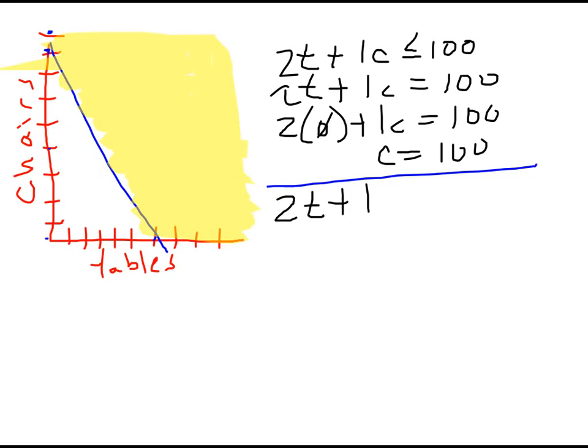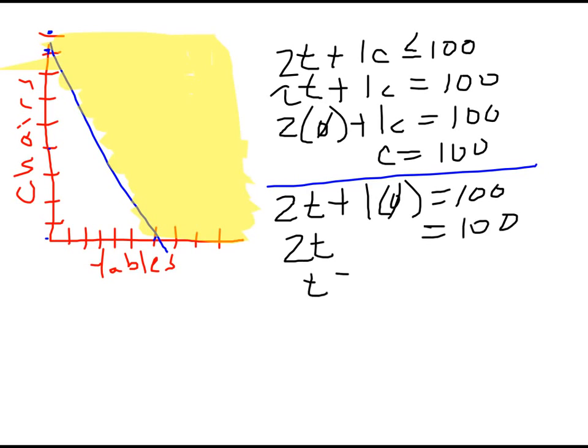And then I replace c with 0. So 2t equals 100, which means t equals 50. So when I graph that, I end up with a line like that.